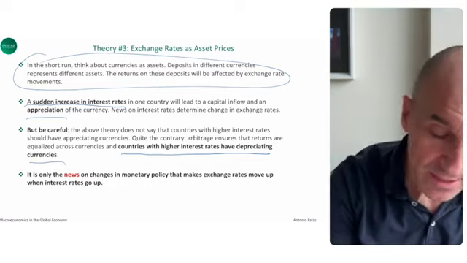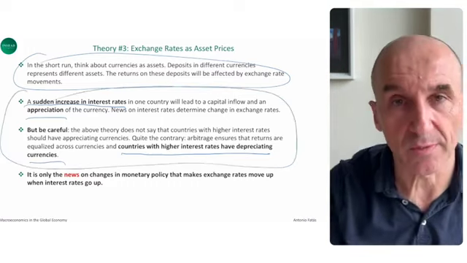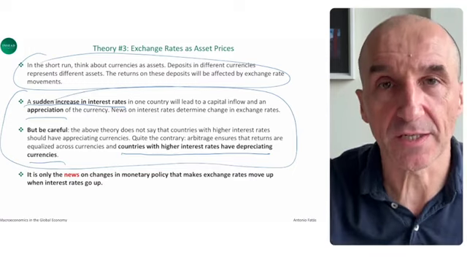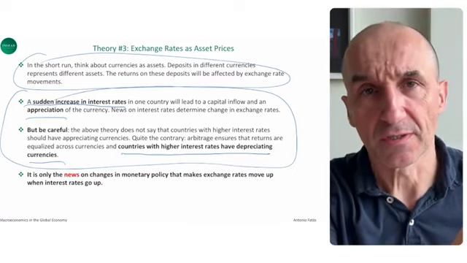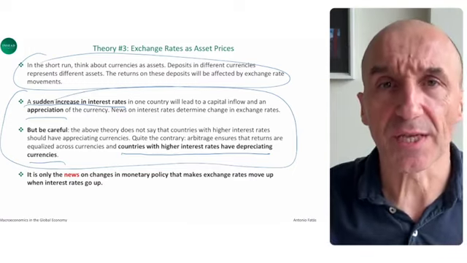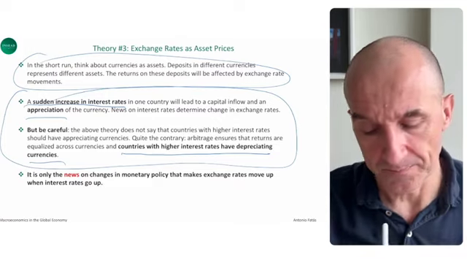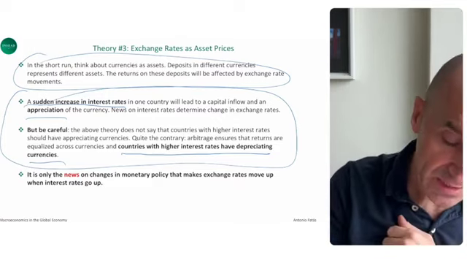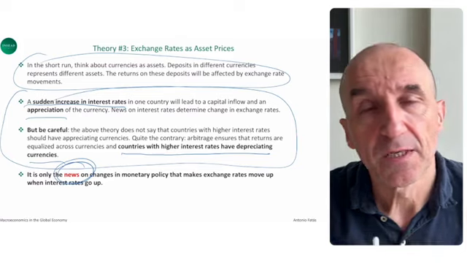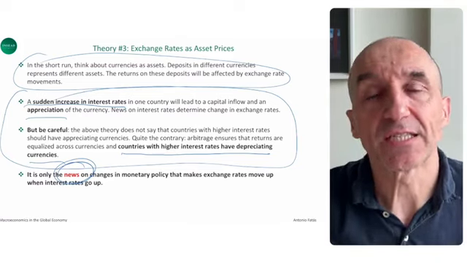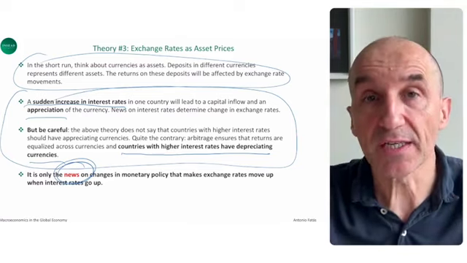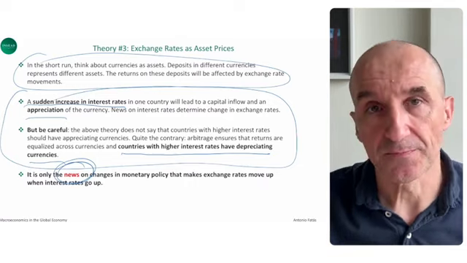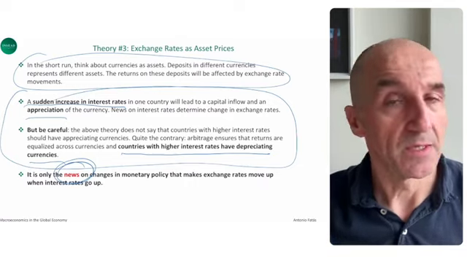Now, how do you make these two statements compatible? First, I said high interest rates, appreciation. Now I say high interest rates, high inflation, depreciation. The big thing is what is red here. You have to separate what is news to the market versus what is not news. Very simple.